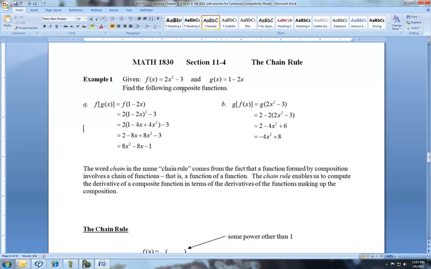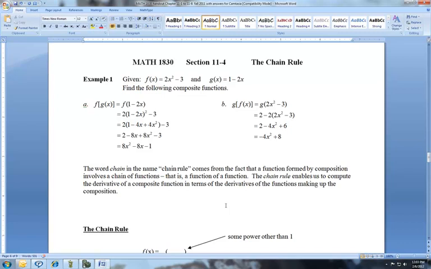But remember, this is a composite. Biggest thing here is you've got a function inside a function. And that's one of our bases for this particular rule that we're about to see. Now the word chain in the name chain rule comes from the fact that a function formed by a composition involves a chain of functions, that is a function of a function.